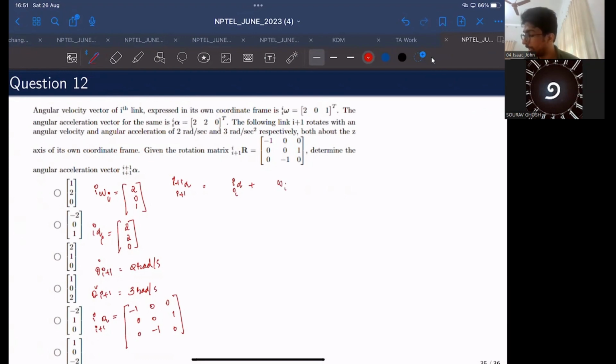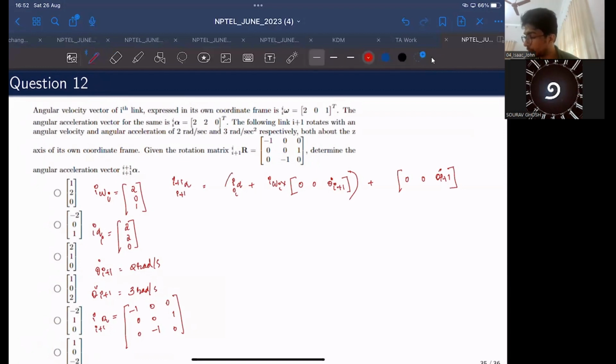The correct expression would look something like this: I omega I cross 0, 0, theta I plus 1 dot, then plus 0, 0, theta I plus 1 double dot. And this entire term would be brought back to the I plus 1 frame.